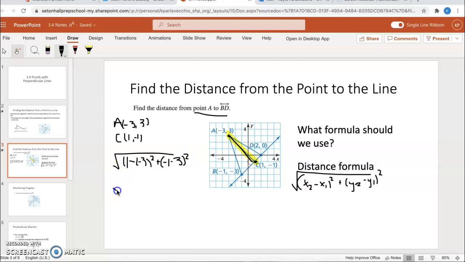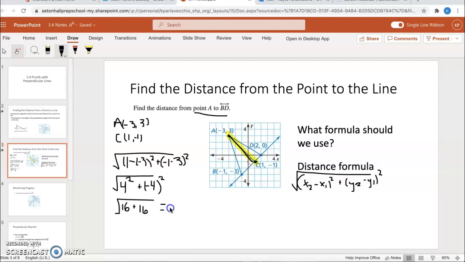And we're going to go ahead and keep simplifying. And that's going to be 1 minus -3 is 4 squared plus -1 minus 3 is -4 squared. And once again, keep simplifying. 4 squared is 16. -4 squared is also 16.